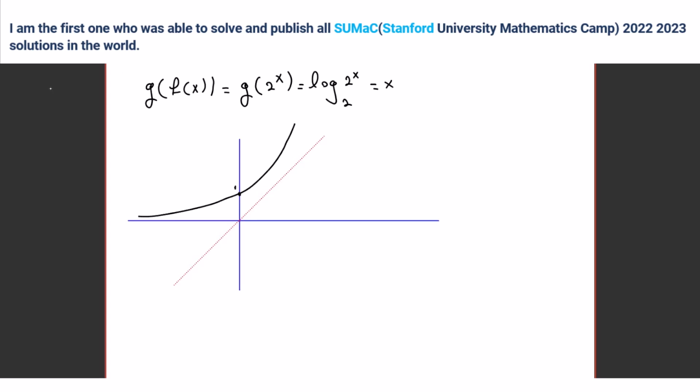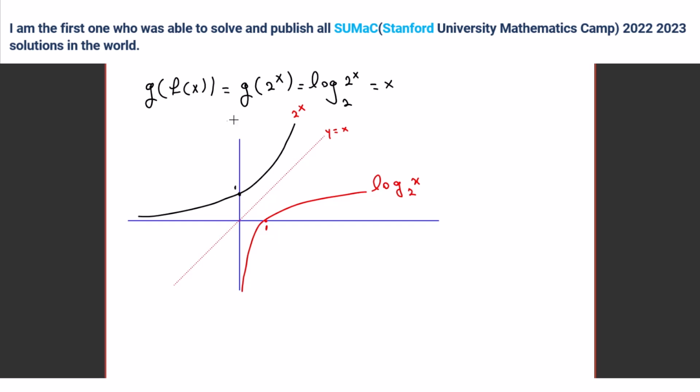And if you want to find log 2 of x, we should reflect it about y is equal to x. So this one goes to here, and this line goes to this part. It would be something like this. Okay? Understood? Okay, it is increasing because the base is 2.